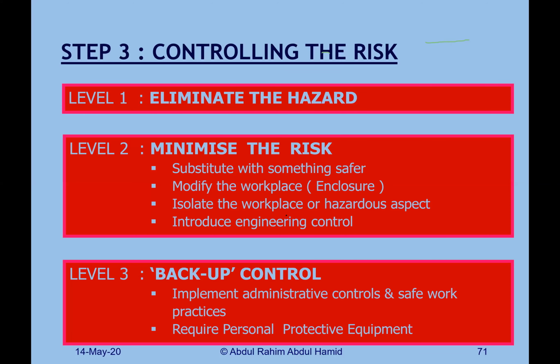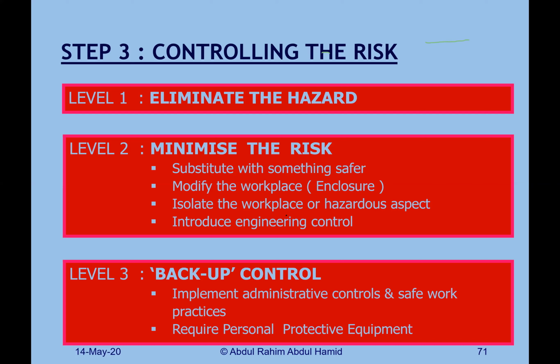Okay, now we are going into the last step of hierarchy. First step is HI, hazard identification. Second step is RA, risk assessment. And then the third step is basically controlling the risk. Remember, I told you earlier about the hierarchy of control.